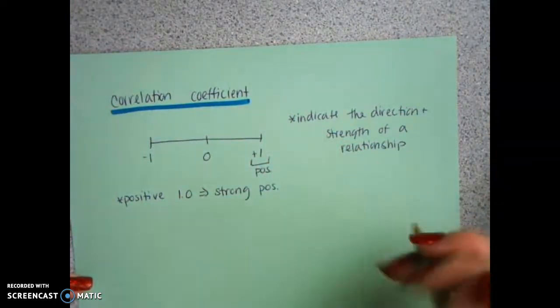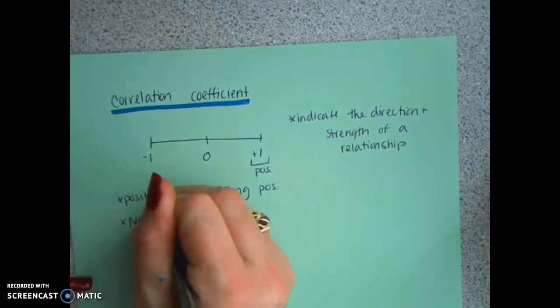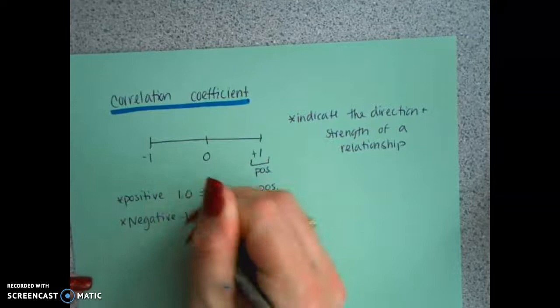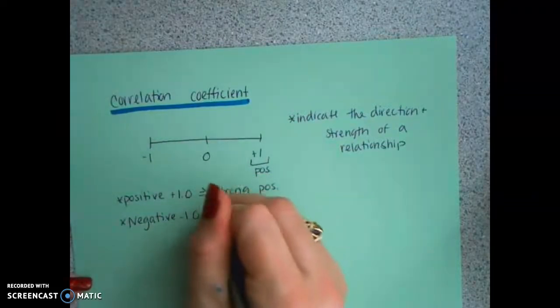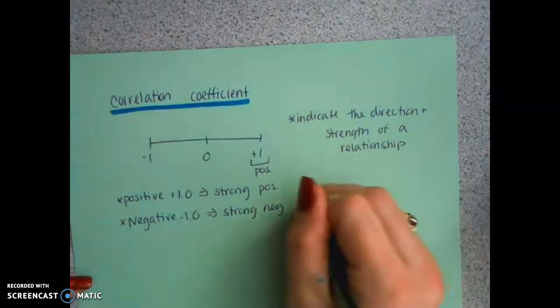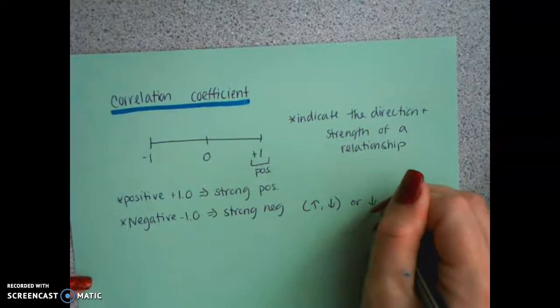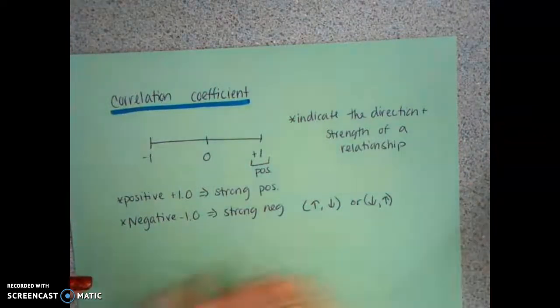And then if you talk about a -1.0, that is an extremely strong negative correlation. Meaning like when one variable goes up, the other one goes down, or when one goes down, the other one goes up. And that means very clearly, if you knew it was a negative correlation, you could predict what would happen.